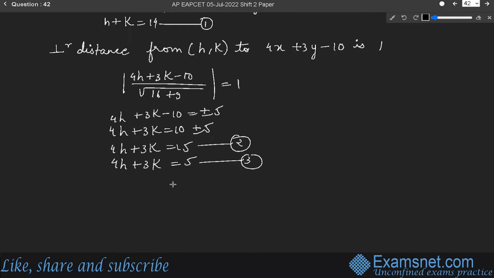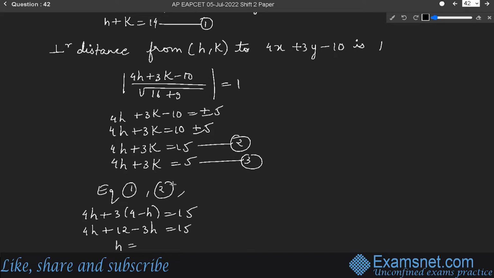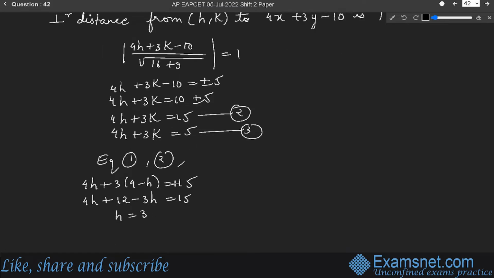Now on solving equation 1 and equation 2, we get 4h plus 3 into (4 minus h) is equal to 15, which will be 4h plus 12 minus 3h is equal to 15. Therefore, h will be equal to 3.